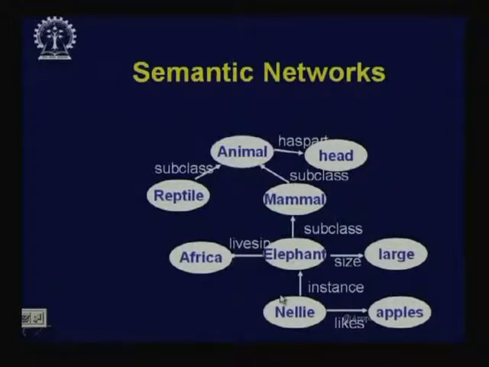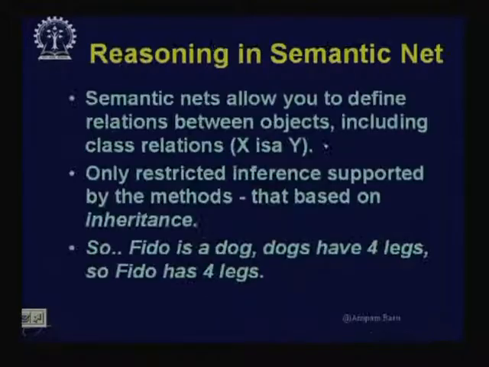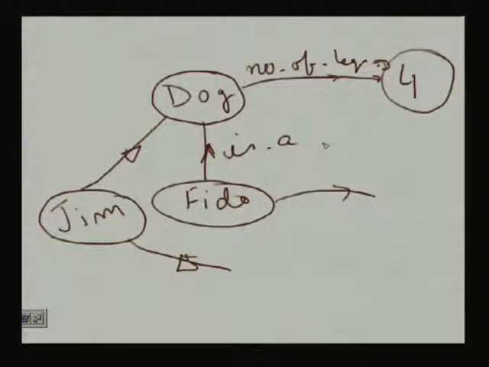If my query was, does Nelly have a head, for example, a funny query, then I would have started from here, I would not have found the answer here, I would have gone up, again I would not have found the answer here. So, the link to the list would have included this node and would have gone up in this way till I find this answer. So, now let us again go back to that algorithm.